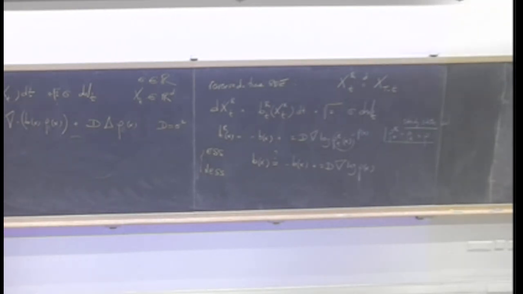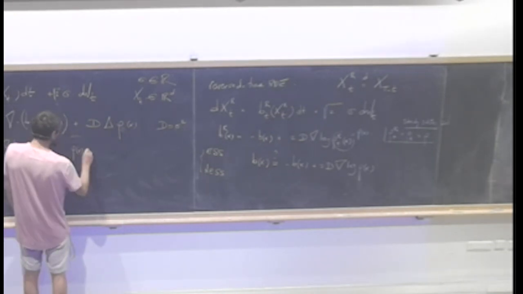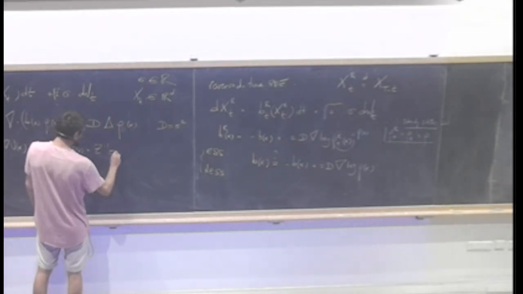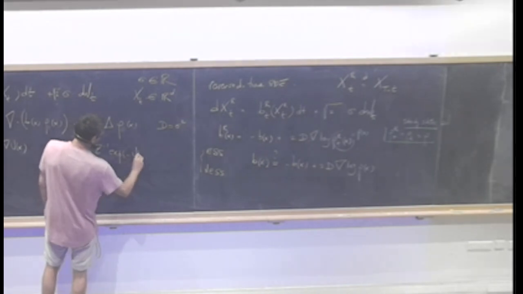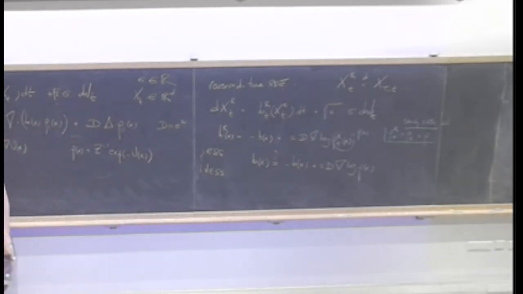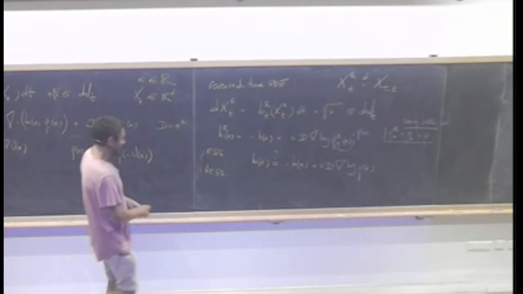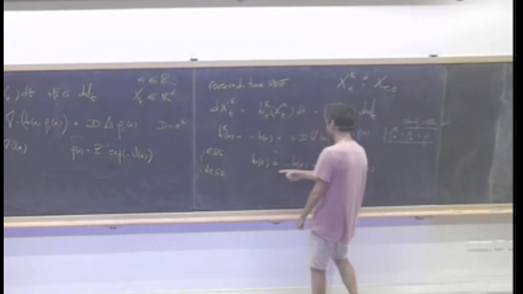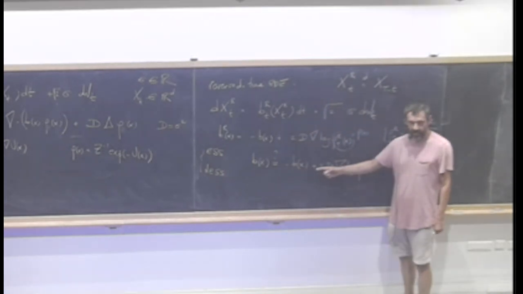The typical case of equilibrium is if you take B of x equal to minus D times the gradient of a potential. Because in that case, you know what rho of x is, up to a normalization factor. I'm working in units where the temperature is 1, and you can check that this condition here is satisfied.